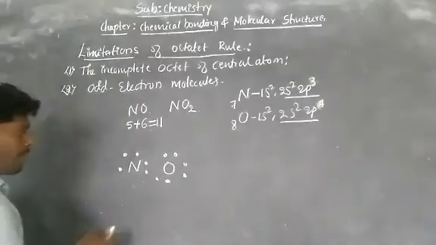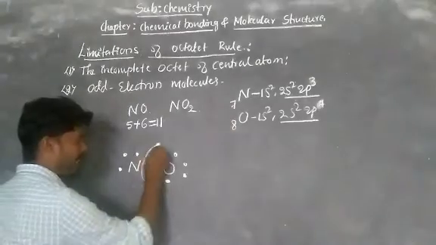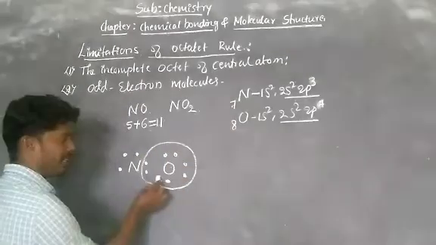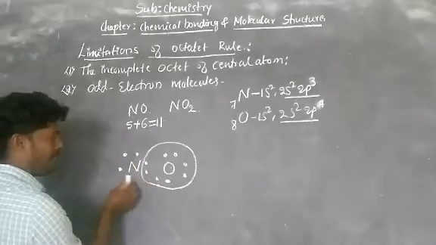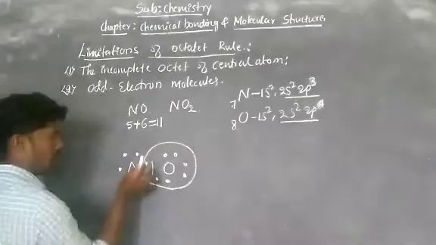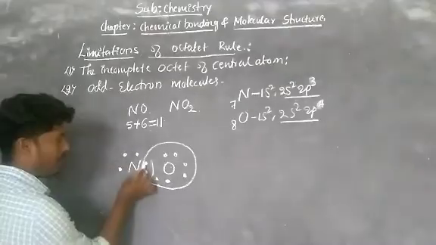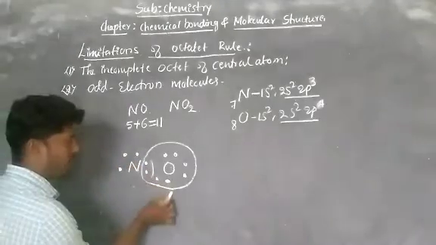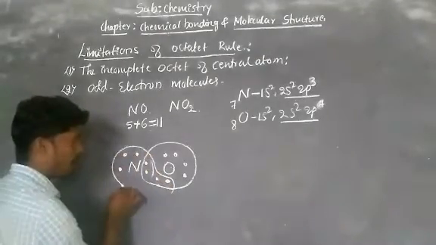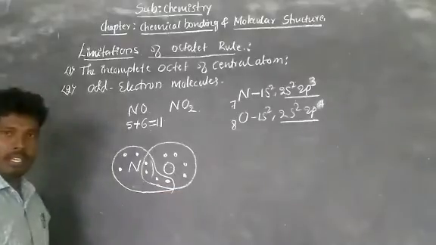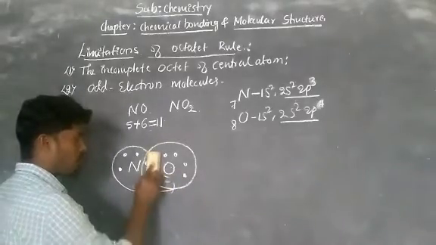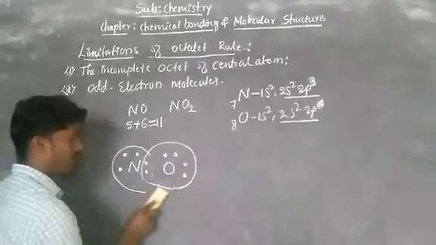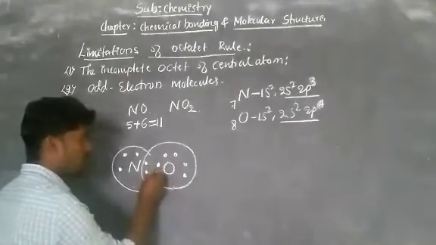Now see here, around oxygen there are 8 electrons. And around nitrogen there are only 7 electrons: 1, 2, 3, 4, 5, 6, 7 only. If you share these 2 electrons with nitrogen, see, if these electrons of oxygen are shared with the nitrogen, that is 2 electrons.